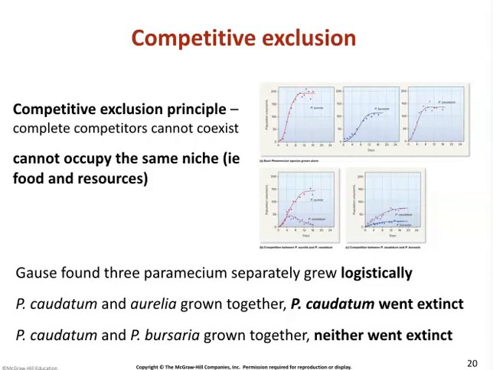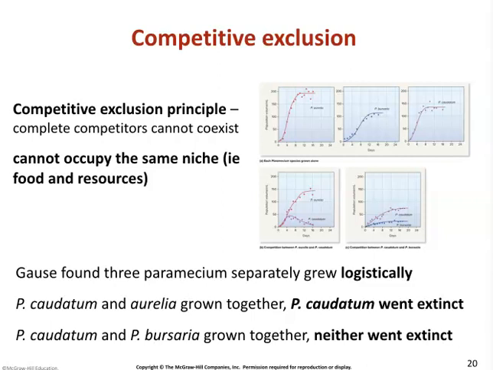When he put the original species that went extinct with the other species together, neither went extinct, but both populations went way down. So what happened? 2 species can coexist, but they cannot occupy the same niche. So the first 2, Caudatum and Aurelia, both occupied the same niche, so only one could survive.